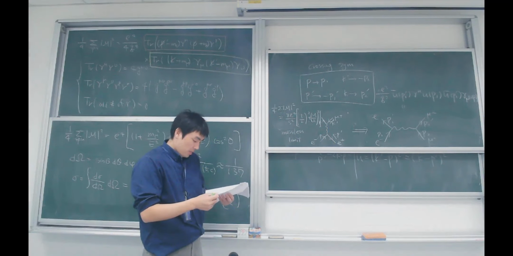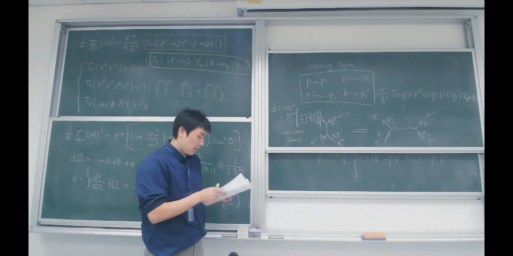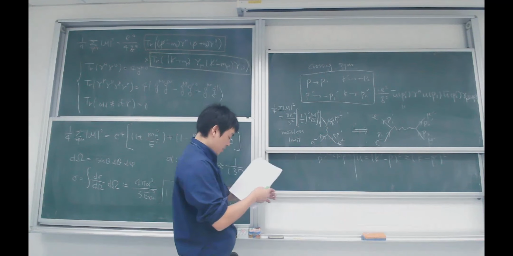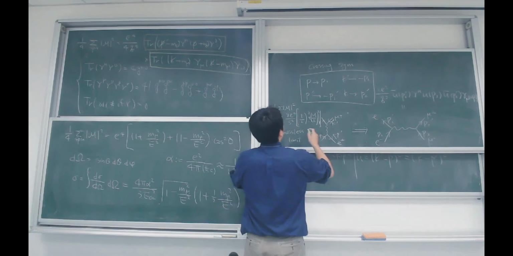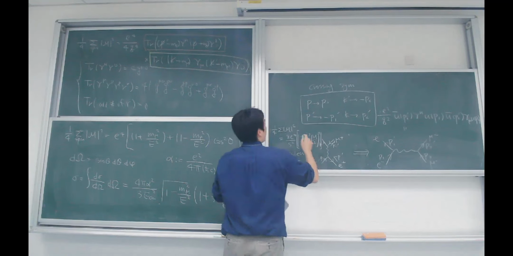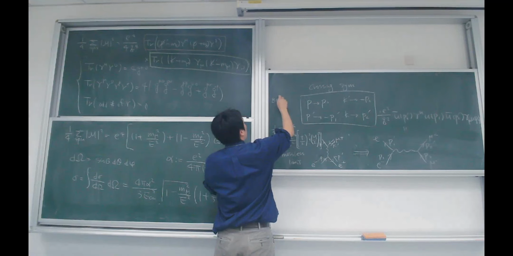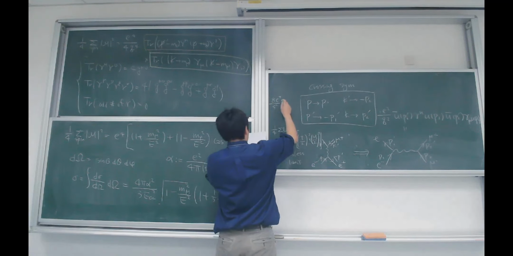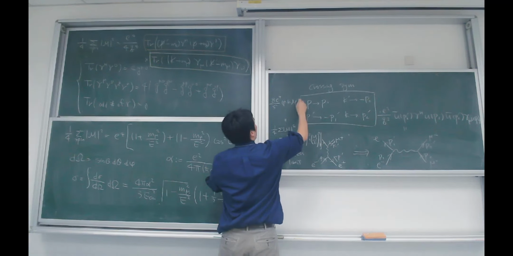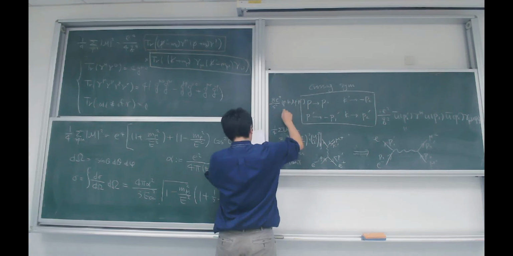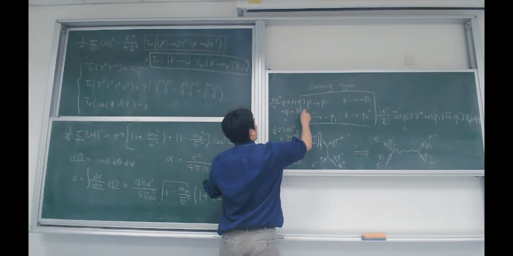It used to be written like 8 e to the fourth, (p dot k)(p prime dot k prime) plus (p dot k prime)(p prime dot k).